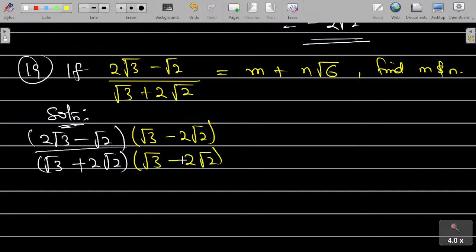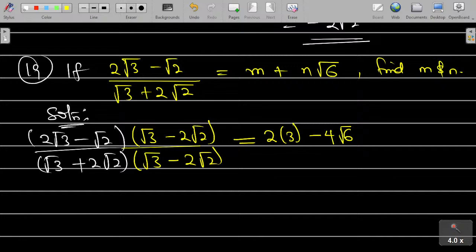Okay, and so when you now open up both brackets, you are going to have 2 root 3 times root 3. That's going to give us 2 root 9, and root 9 is 3. Then 2 root 3 times minus 2 root 2 is going to be minus 4 root 6.